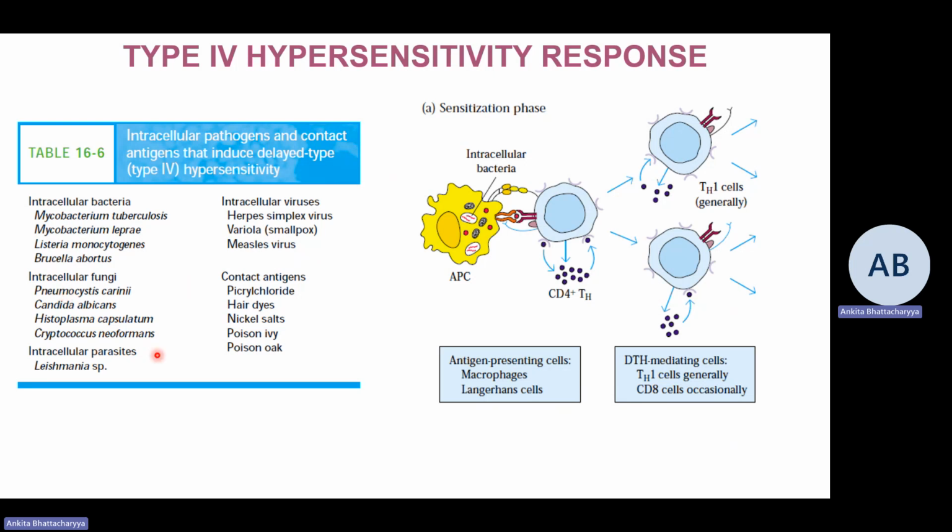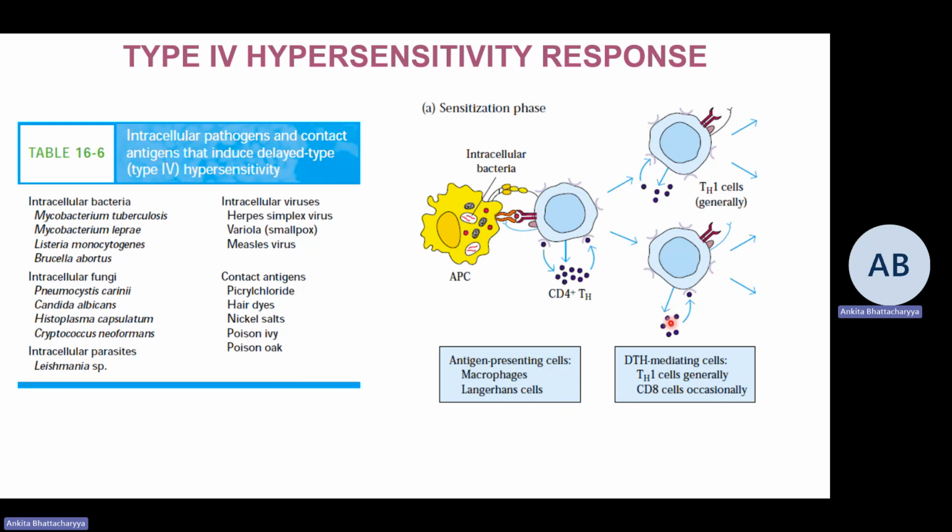Intracellular fungi include Pneumocystis carinii, Candida albicans, Histoplasma capsulatum, Cryptococcus neoformans. Intracellular parasites include Leishmania. Contact antigens include picryl fluoride, hair dyes, nickel salts, poison ivy, and poison oak. We'll be looking into poison oak pretty soon. But these are the types of stimuli.